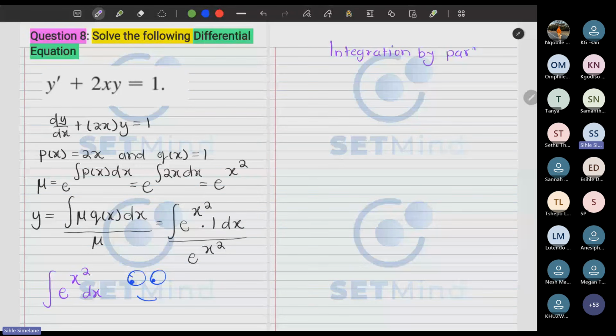So what integration by parts is, guys, it means you need to go and revise it. If you are integrating u dv, the answer you get is uv minus the integral of v du. So when you're dealing with integration by parts, you need to choose between two functions. Which one is easy to integrate? Which one is easier to differentiate?